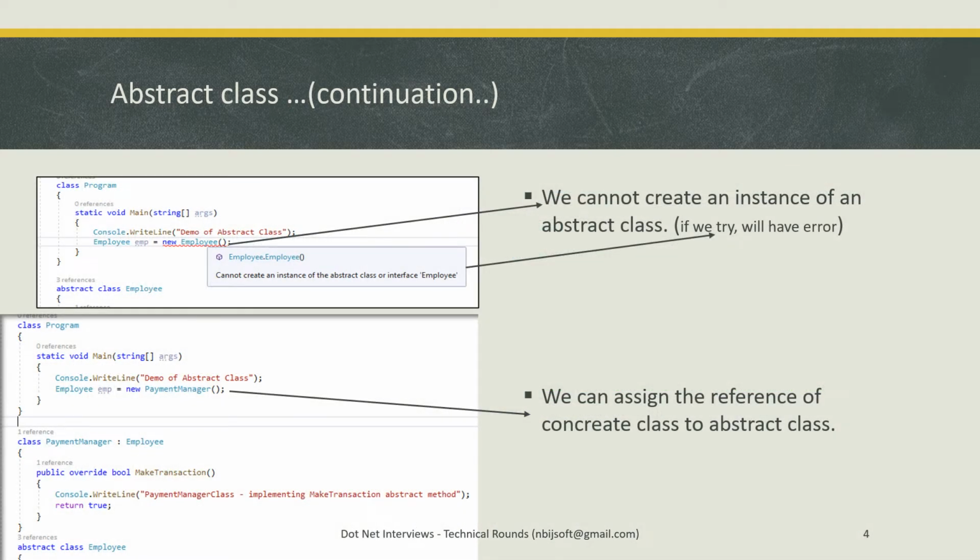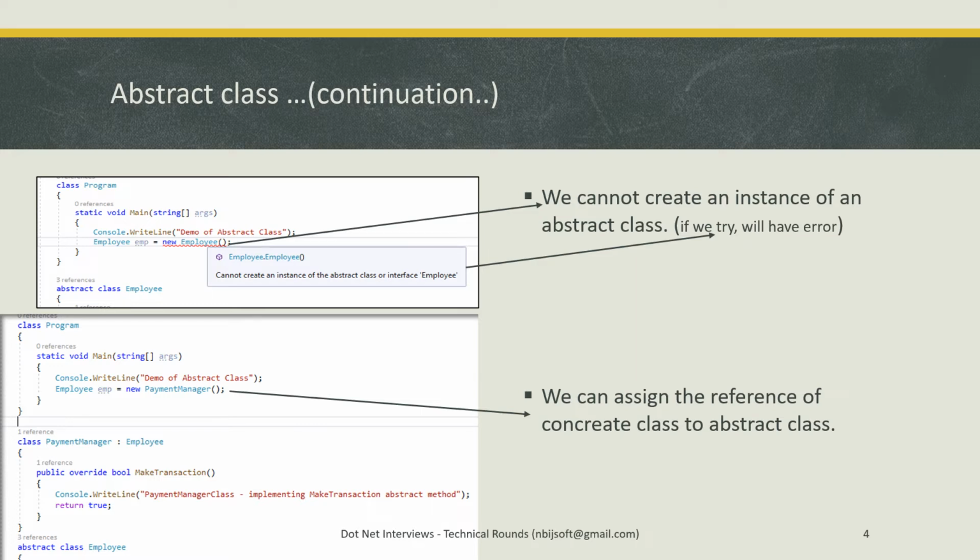The basic rule of an abstract class is that we cannot create an instance, or an object, of an abstract class. Here we have the employee abstract class and we are trying to create an object of that class: employee emp is equal to new employee. Instantly it shows an error that we cannot create an instance of the abstract class.